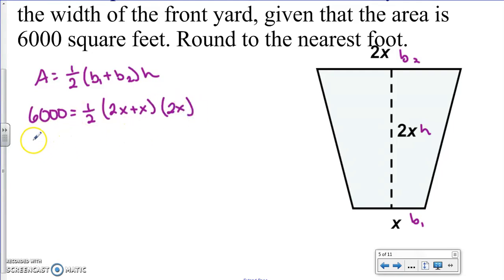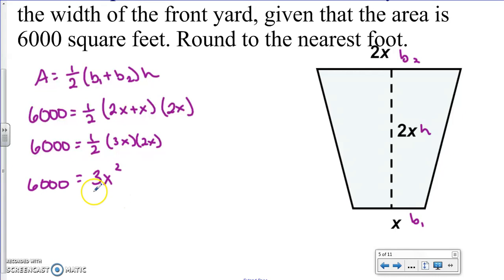So let's go ahead and combine like terms and multiply this out. Okay, if you multiply 1/2 times 3 times 2, we actually get 3, and x times x is x squared. So now we get to a point where I can actually solve by square roots because I have an x squared and not an x.